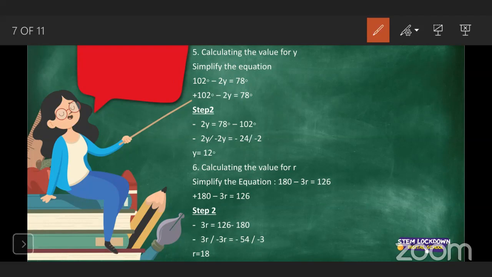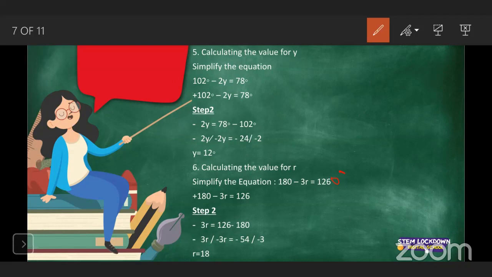Our equation will obviously be 180 degrees minus 3r equals 126 degrees. Why 126 degrees? Because it's vertically opposite to 180 degrees minus 3r. And now we must find the value for our r.